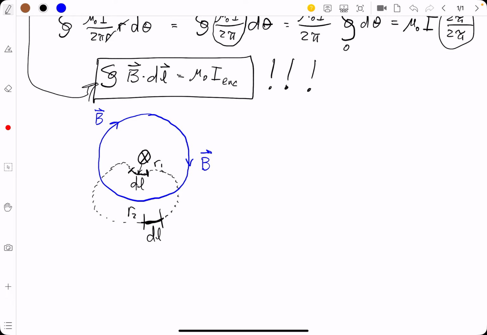And what I want you to notice is that the B field along the inside part of the loop, and it doesn't matter which way we go, we have to go in a direction on our loop. We've got our B field going clockwise, so let's do our closed loop clockwise as well. Okay?